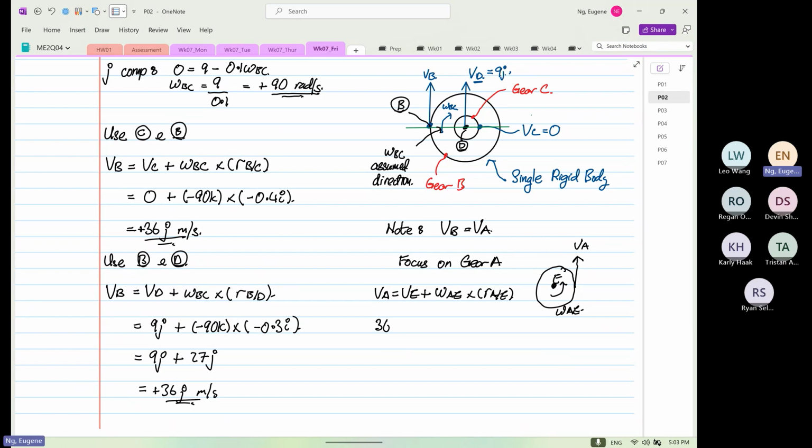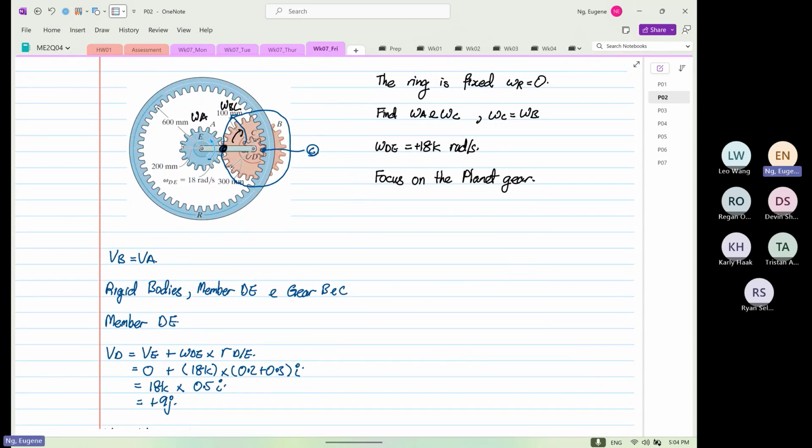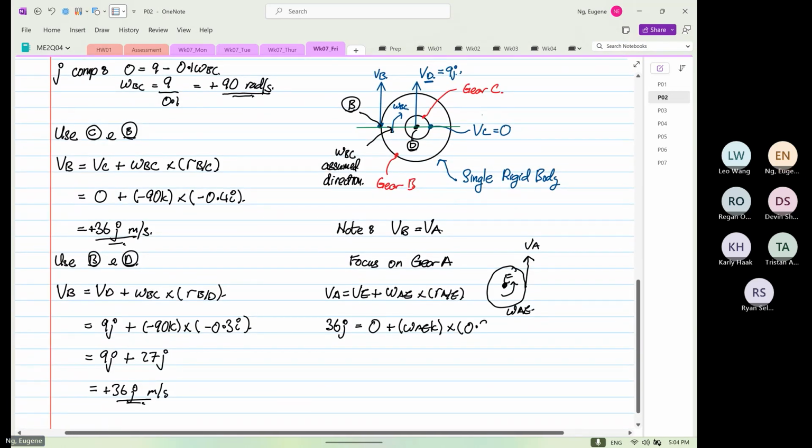So 36J is equal to 0 plus omega AE, going anti-clockwise, so positive omega AE K, cross R of point A from E. The diameter of the gear is 0.2, so 0.2 I.